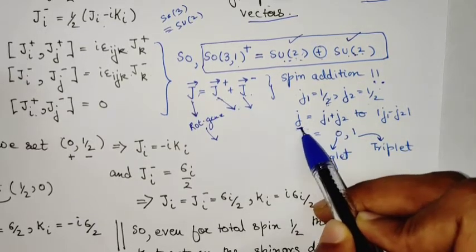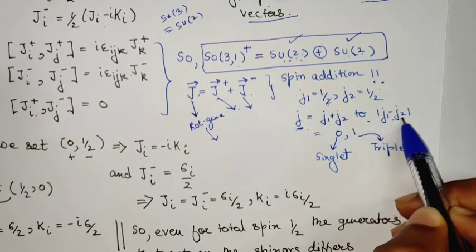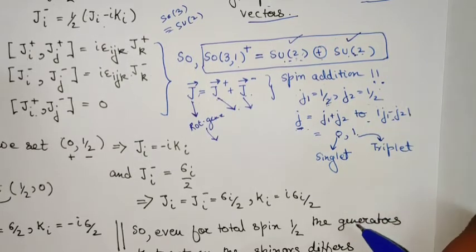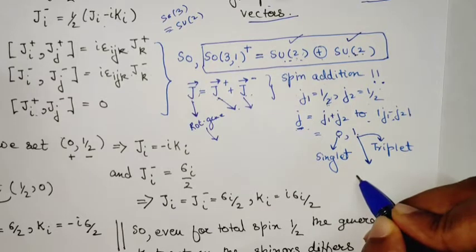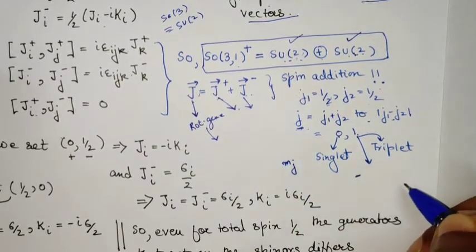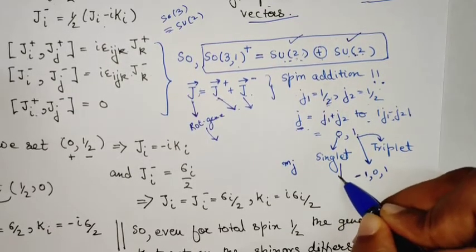So the J value, that is the total angular momentum, varies from J1 plus J2 to mod of J1 minus J2. So you get a singlet and a triplet. This is a triplet because the MJ values, that is the projection along the Z axis, are -1, 0, 1, and the singlet only has 0.